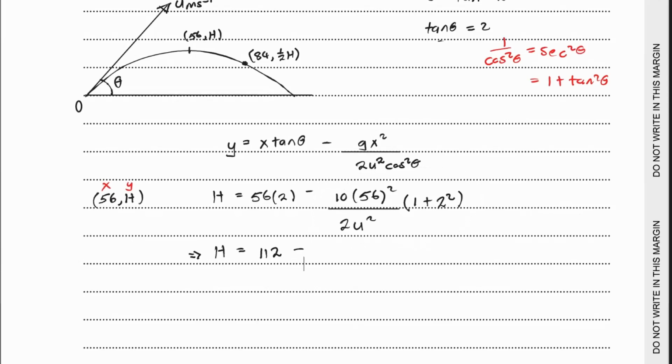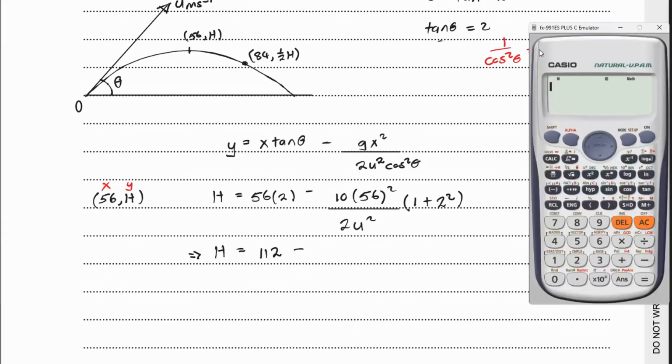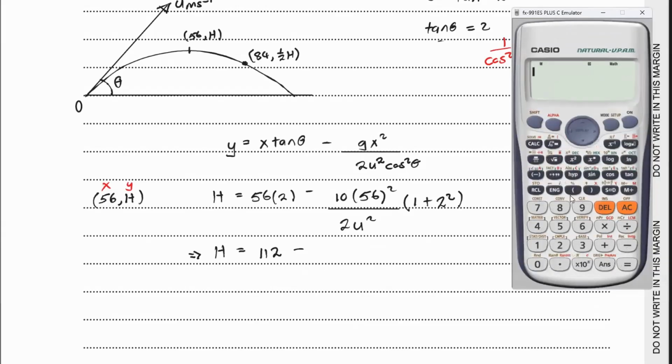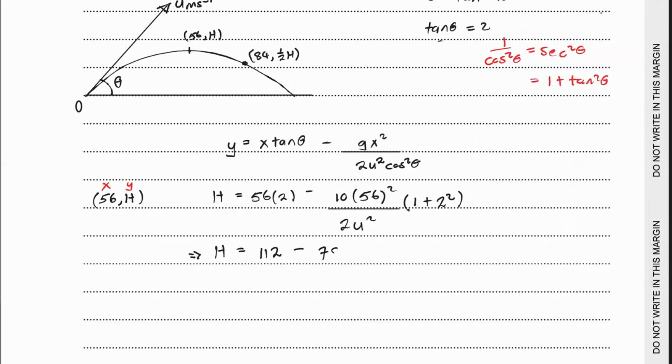I'll bring up my calculator and type in all the constants, and I'm getting 78400. So we have 78400 all over u squared. We're going to call this equation 1.